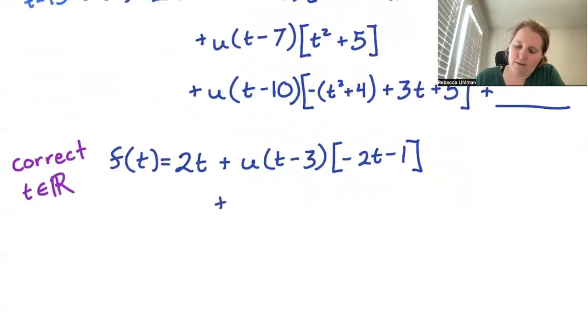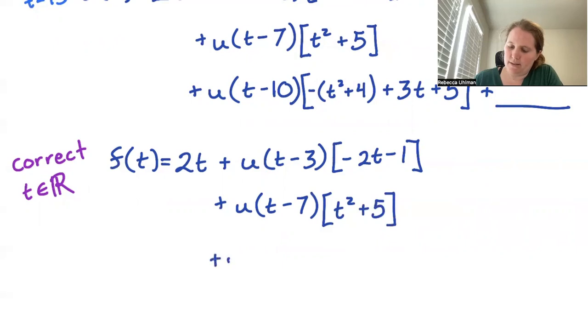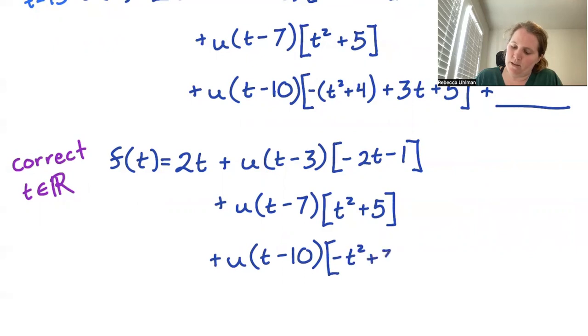Then plus u of t minus 7 times t squared plus 5. Then plus our u of t minus 10 times, that would be a negative t squared. Then we would have plus 3t and then plus 1.